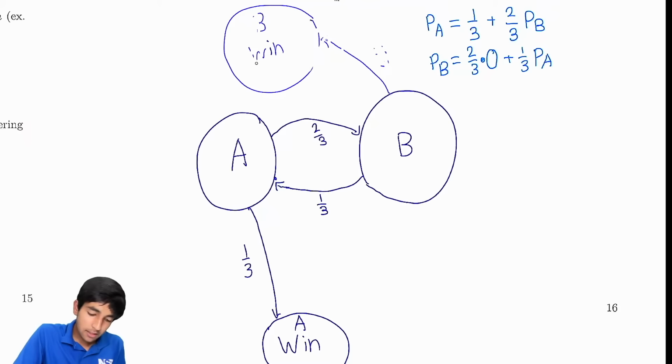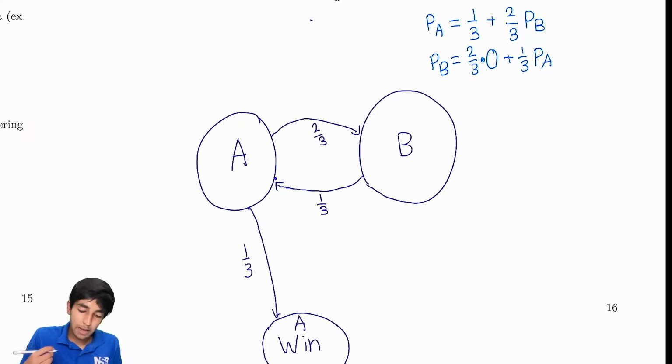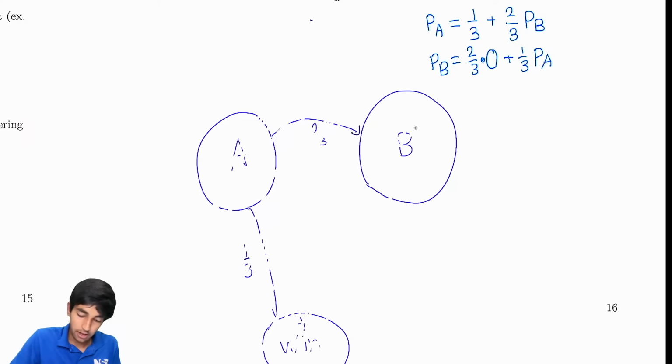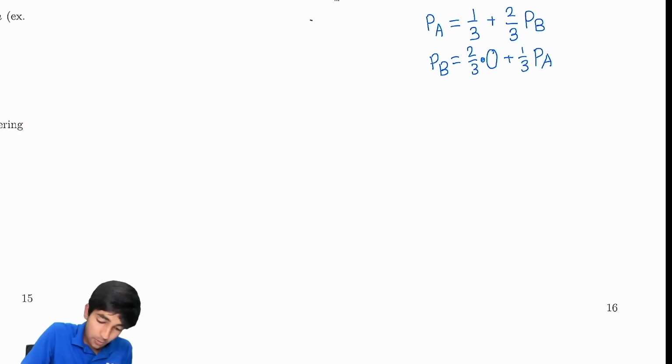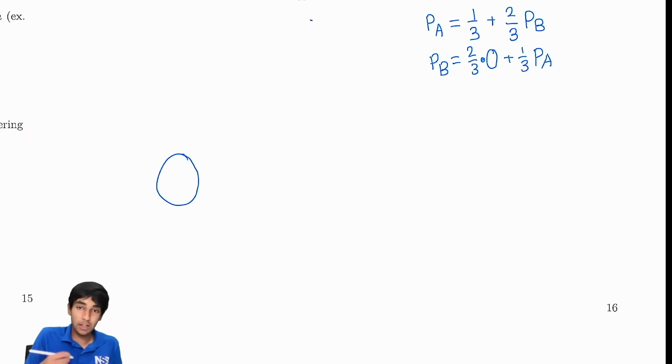Let's say that it never goes back here. Let's say that A is guaranteed to win. Or let's take a different example, maybe for expected value states. So let's say we have a person who's trying to reach the end of the tower.